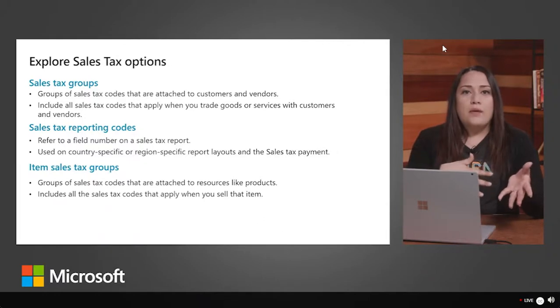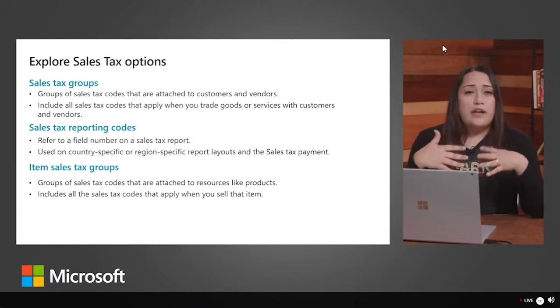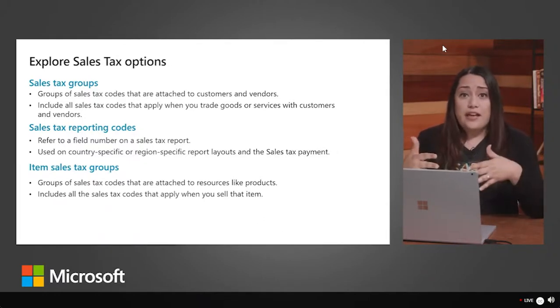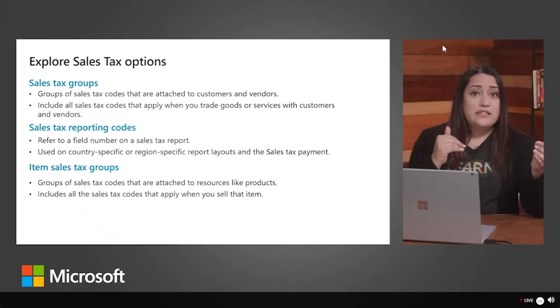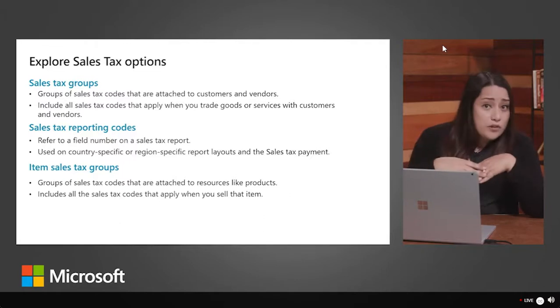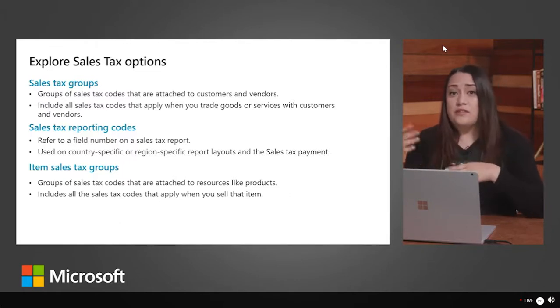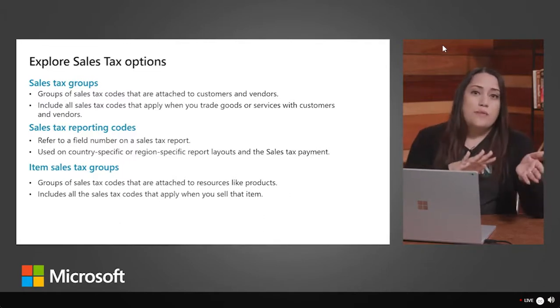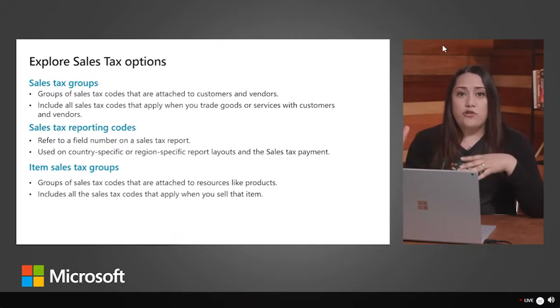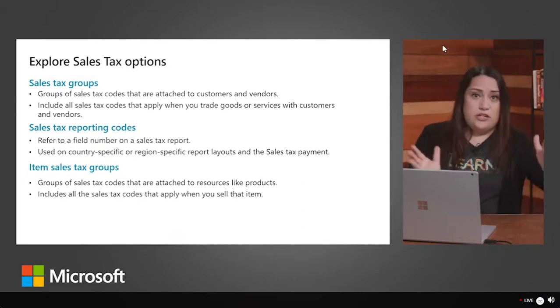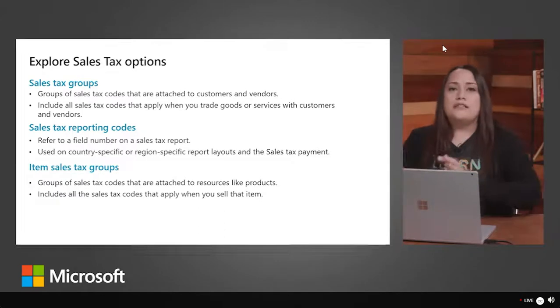And when you set it up, the item sales tax group includes the sales tax codes that apply when you're selling the item. But since the item sales tax group might also include most of the sales tax codes in the system, you do have the option to create the item sales tax groups, and you can then choose to attach them to a group of items or a single item.